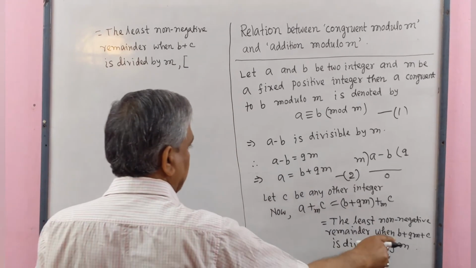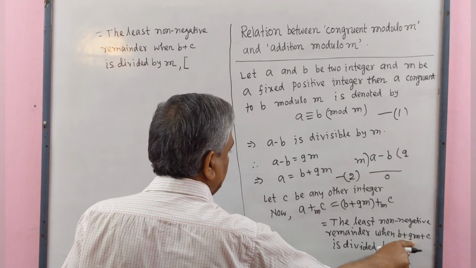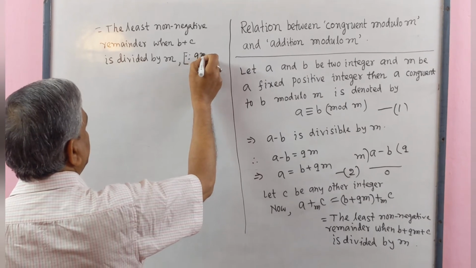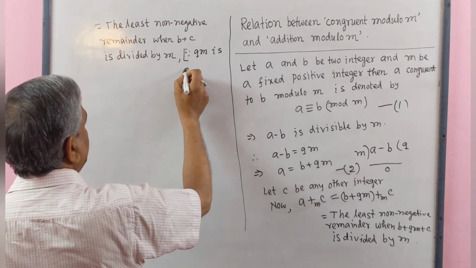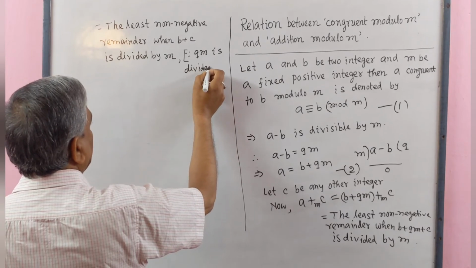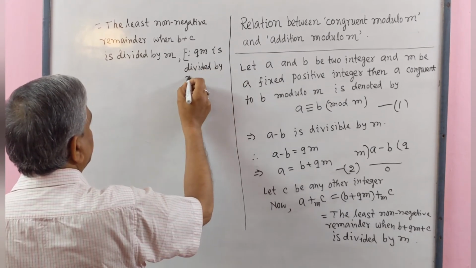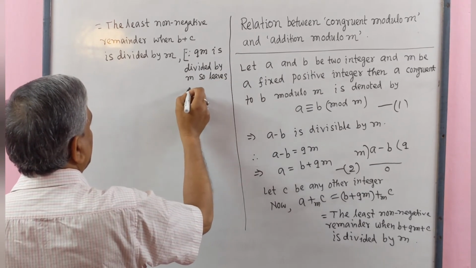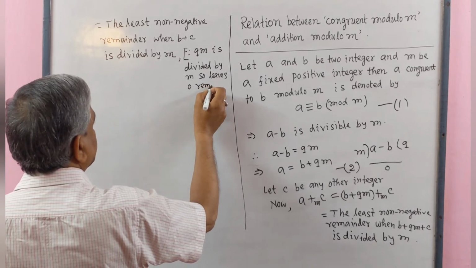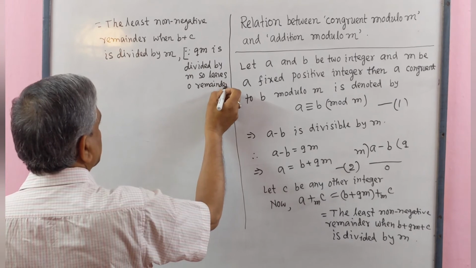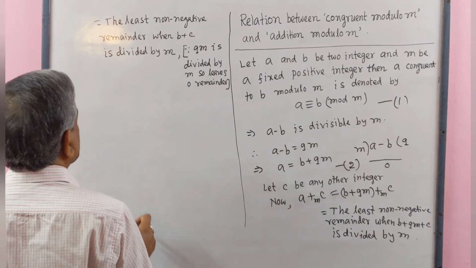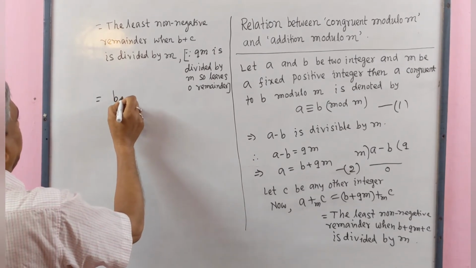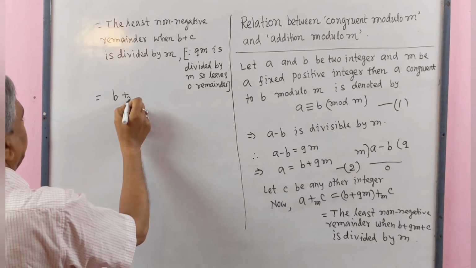Here we have not taken the term qm, since qm is divisible by m, so leaves 0 remainder. Which is equal to b addition modulo m c.